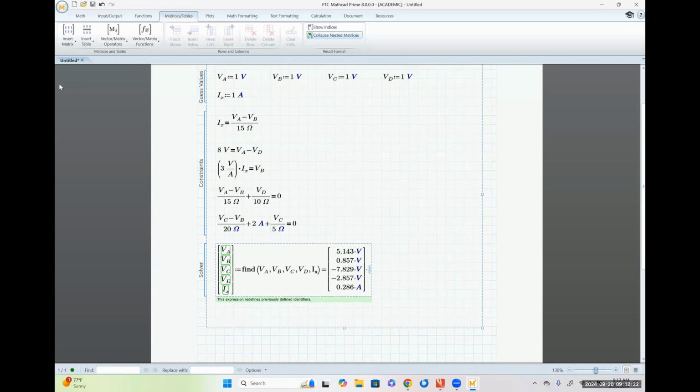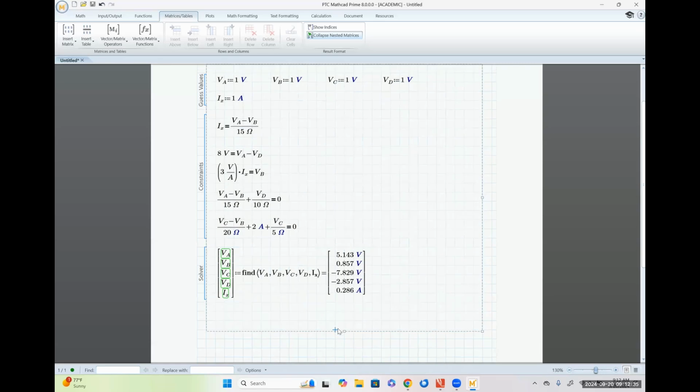So what me adding this matrix did is it's effectively telling the computer, when you find all of these variables, store them in this array so that they can be used outside of the solve block. So this is kind of like making them a global variable so that you can manipulate them further.